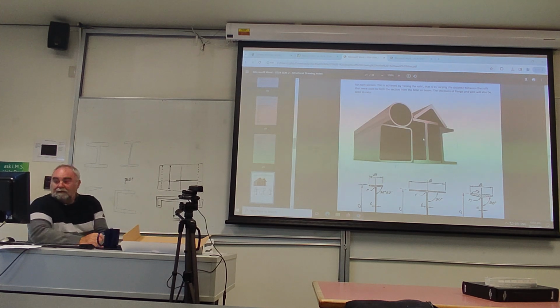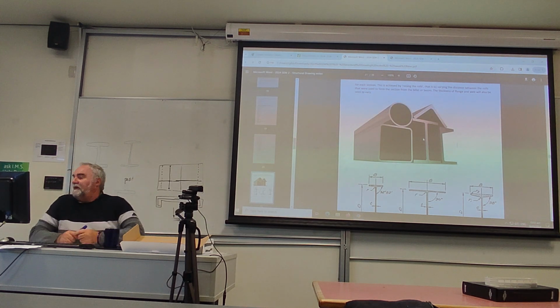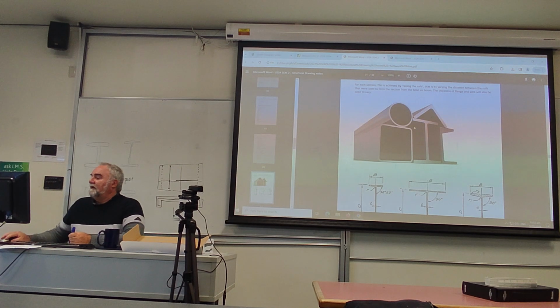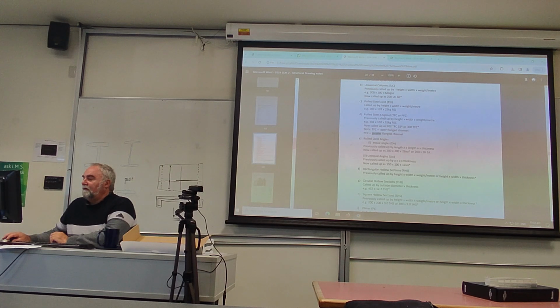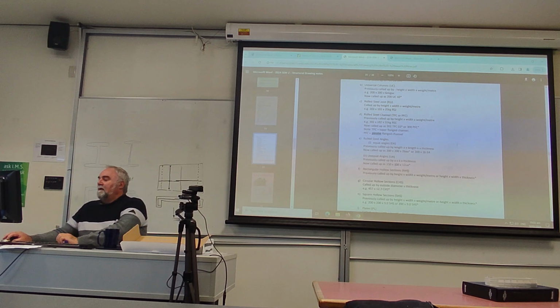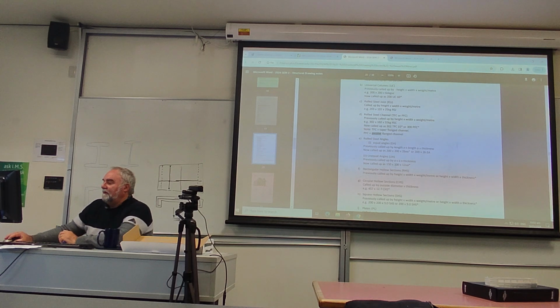You've also got your hollow sections as well, which are these ones here: your RHS, your rolled hollow section, and your circular hollow section.